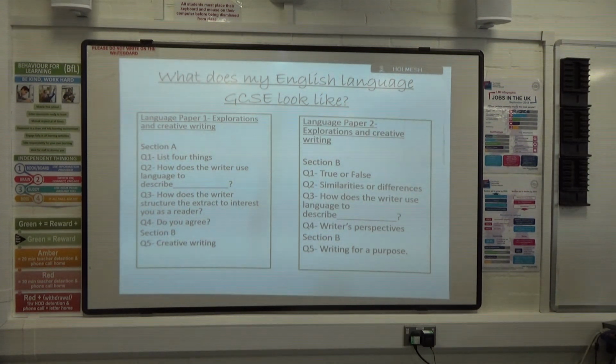So I'm going to be going through with you today, how does the writer use language to describe something. This will always be the same question in your paper. The difference is that it will rest on which source they give you and what they're asking you to look at how the writer has described something.